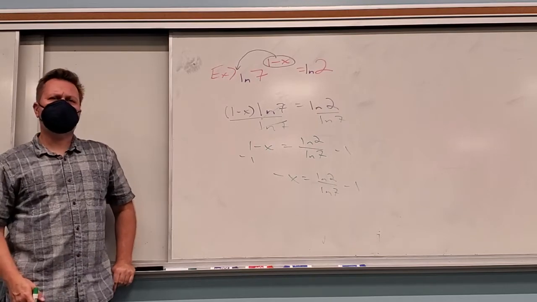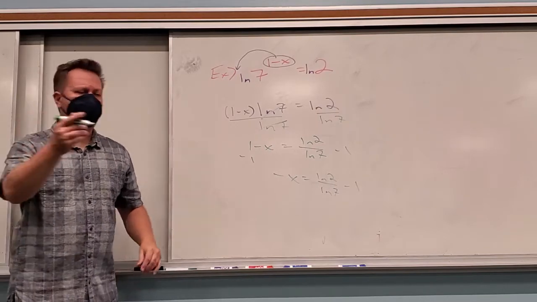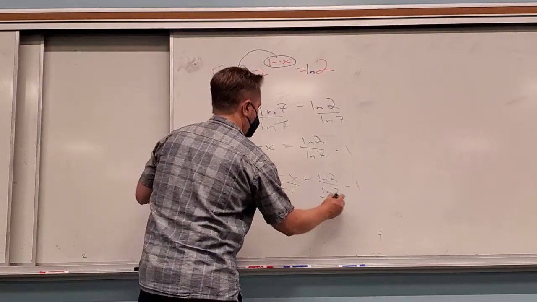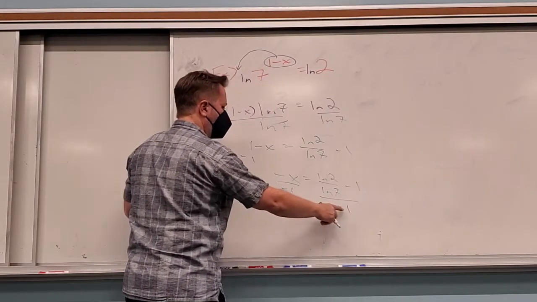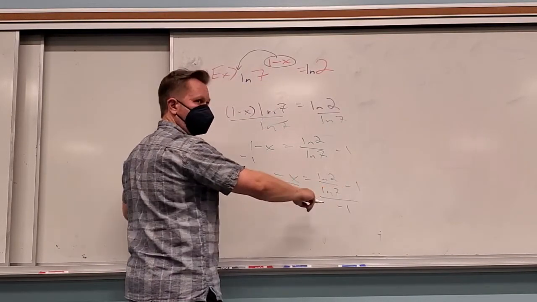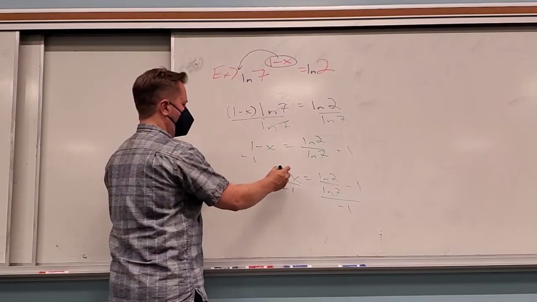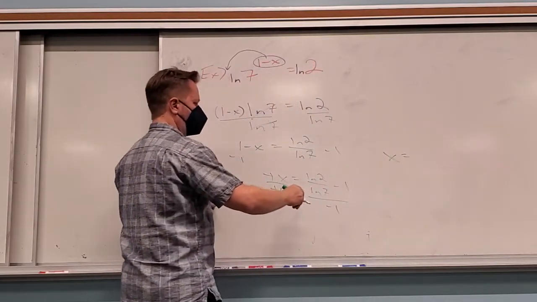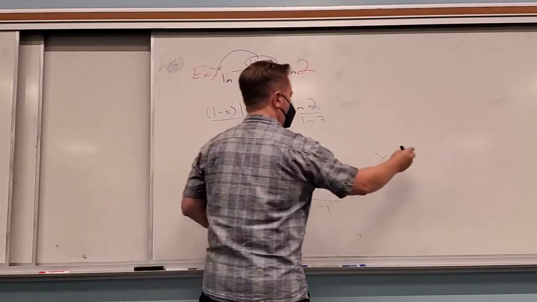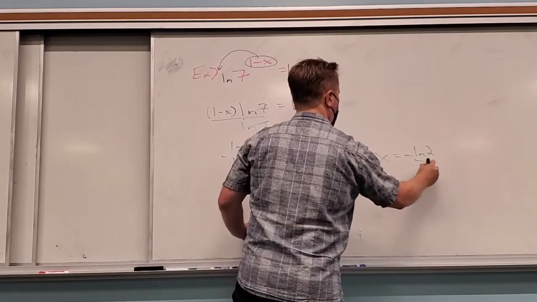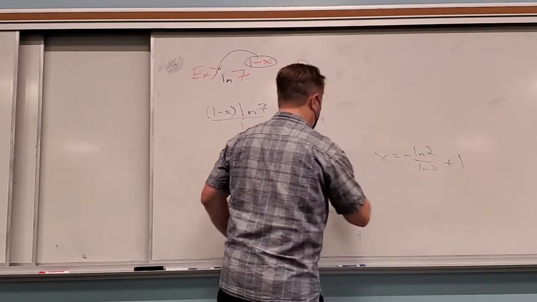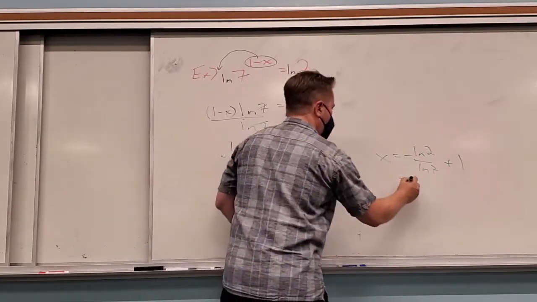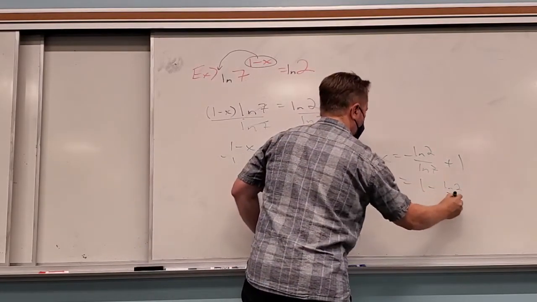It's got a negative, so what do I do? Divide by negative 1. Dividing by negative 1, all that does is change everybody's sign, right? So this sign changes, so I get x equals negative this business plus 1, right? Or you can write it as 1 minus this business.